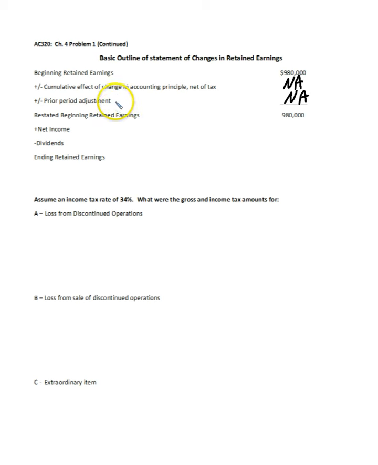Or if we have a prior period adjustment, that's due to an error in prior years, so that's pretty common in accounting to make errors. So if I made a mistake in last year's net income, I've got to correct this, net income gets closed to retained earnings, so I've got to adjust this year's beginning retained earnings, or last year's ending, and correct it. Okay, so that's prior period adjustment and changes in accounting principles.